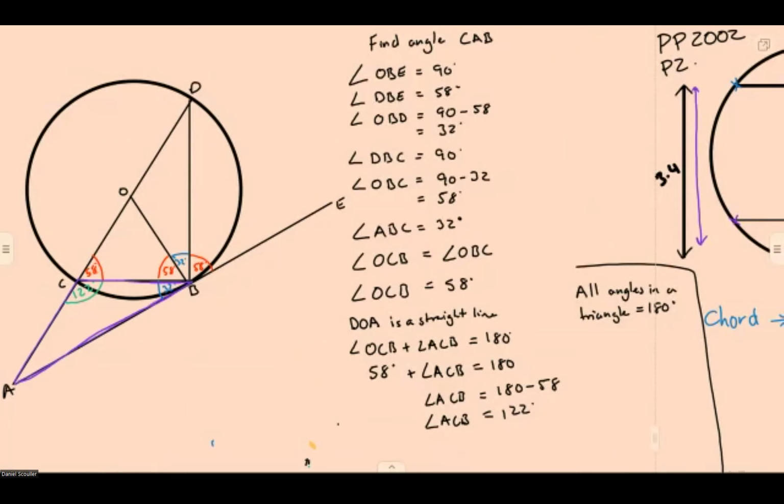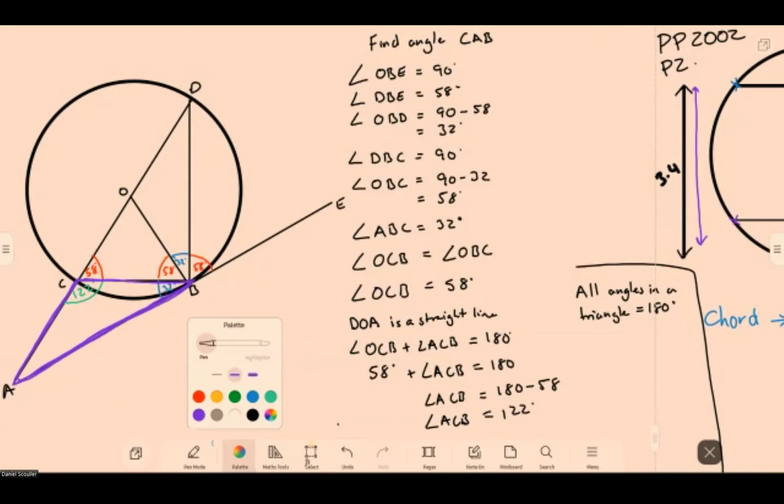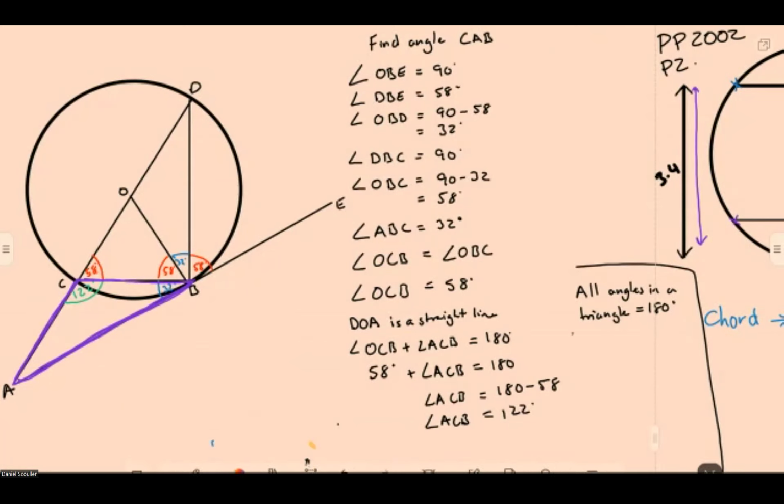That triangle I've outlined in purple. We're missing one angle. We're missing CAB, the angle that we want. So my angle CAB would be 180 minus ACB, which is 122, minus 32.